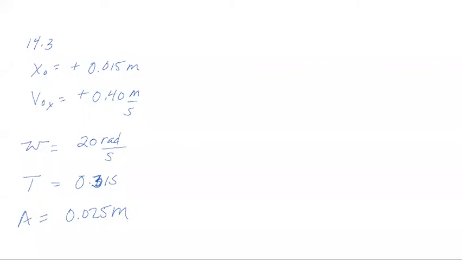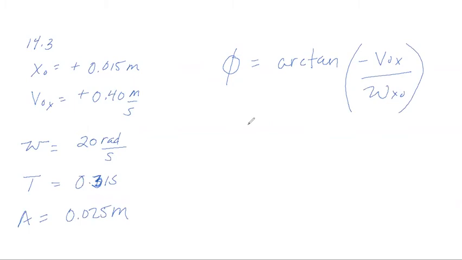To solve for the phase angle phi, we are going to use equation 14.18. So phi equals arctan of negative v naught x divided by omega times x naught.